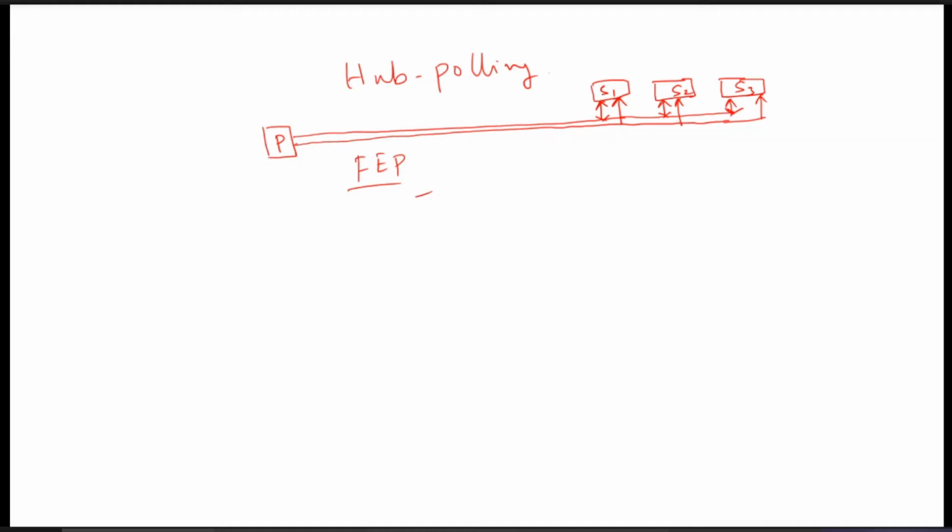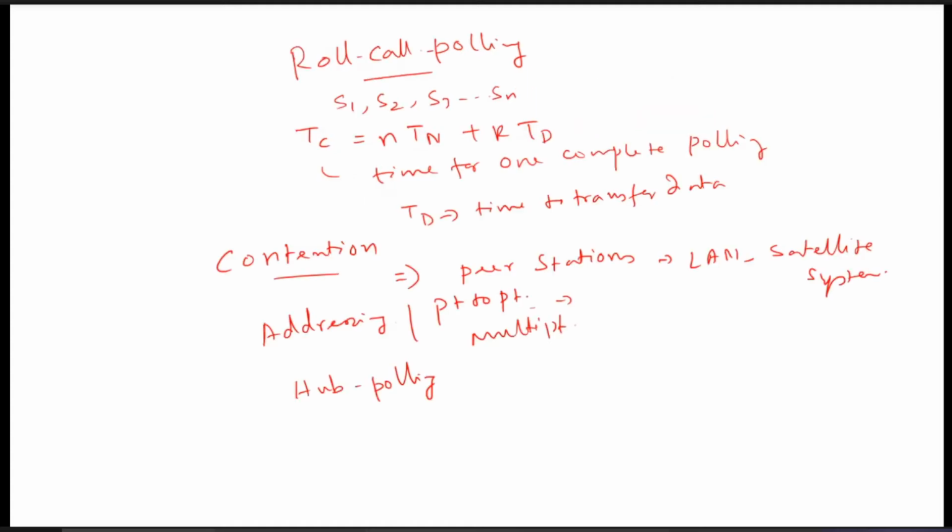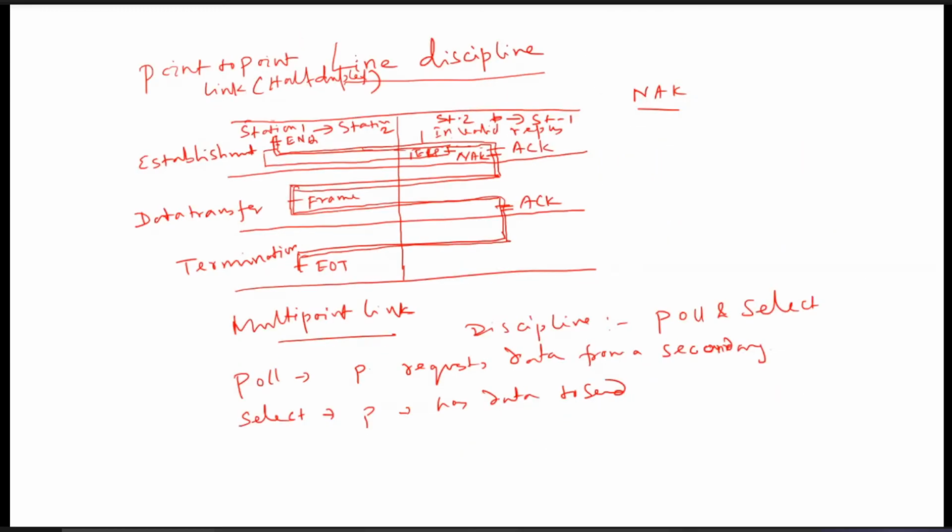So what we have learned: there can be roll call. This is for point-to-point links, or there can be multi-point links. Multi-point links are a little bit complex. Here the discipline is based on poll and select, but there are also contention type disciplines. Poll means requesting data from the secondary, select means the primary has data to send.